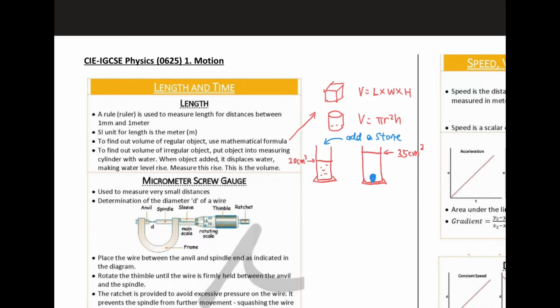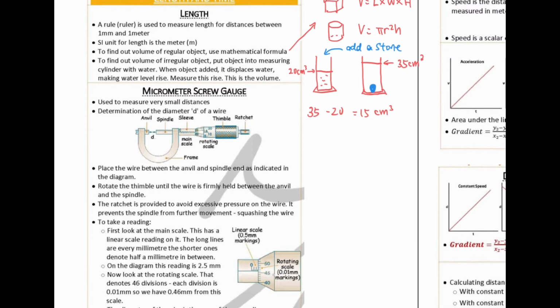From here you just minus, 35 minus 20, then you get 15. So 15 cm3 is the volume of the irregular object, which is the volume of the stone. So we just find the difference of the water level to find out the volume of the irregular object. Okay, now let's move on.